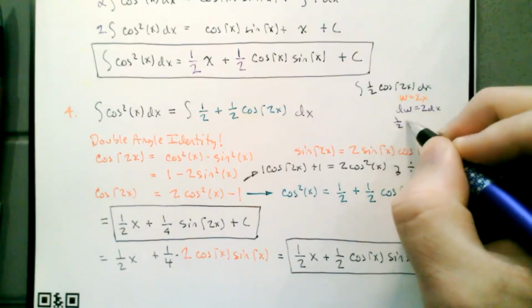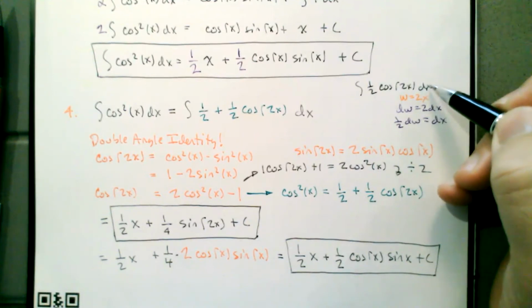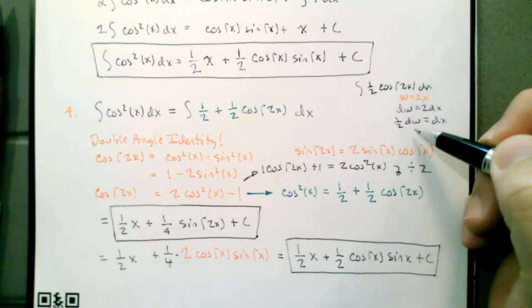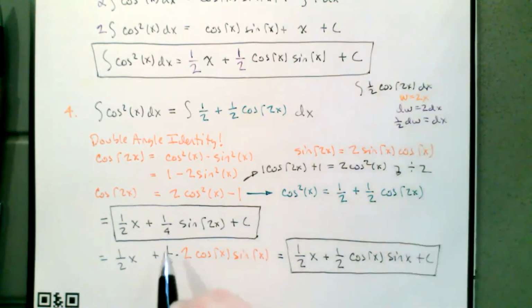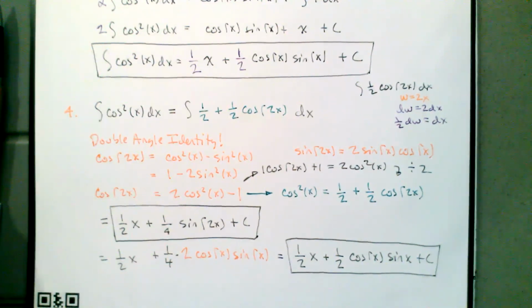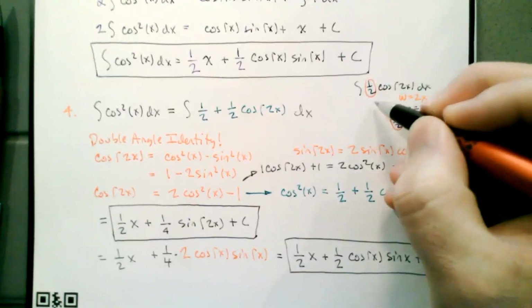So a 1/2 dw is dx. So this dx is being replaced with a 1/2 dw. And so the 1/2 that we started with and the half dw make the 1/4. Okay, cool. So this 1/2 and this 1/2 make the 1/4.